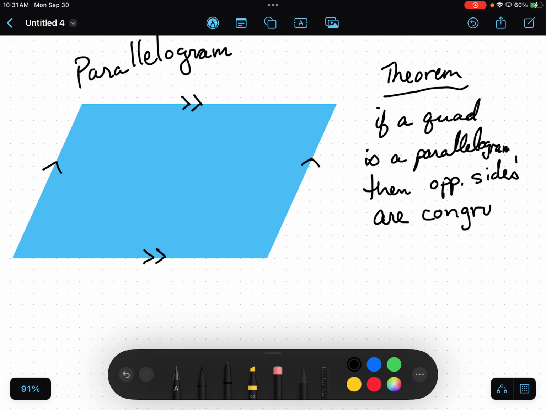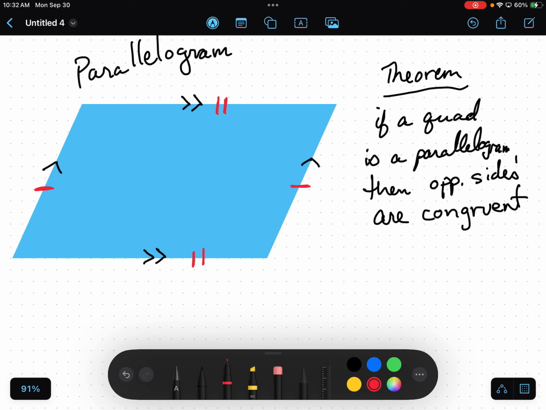Do you guys remember what I meant when I said what congruent was? Anybody recall what congruent means? Like the same. Perfect. They're like the same. Okay? So if that's the case, not only do I have them marked as parallel with those little arrows on it, but I can also do this, and I'll put it in red, that the opposite sides, this one and this one, are the same size. And the top and the bottom would be the same size.